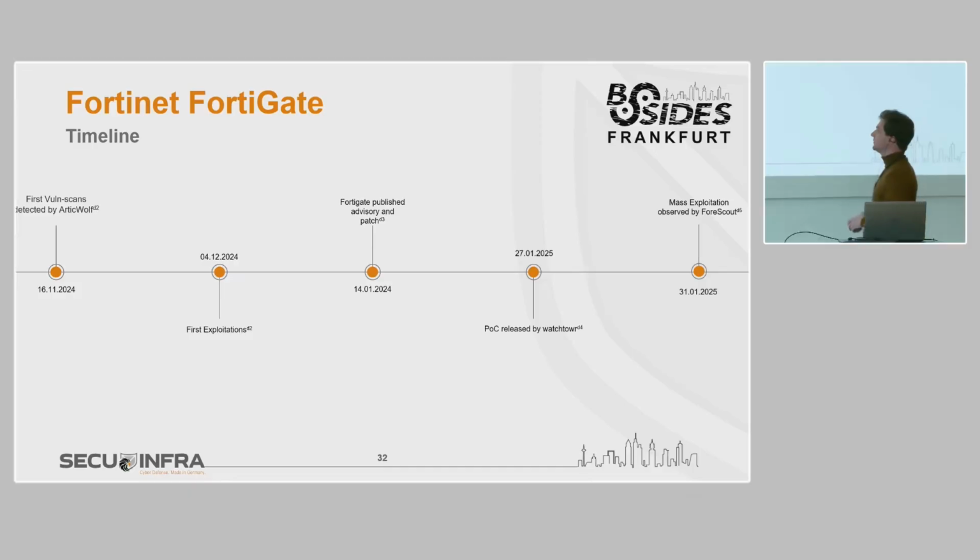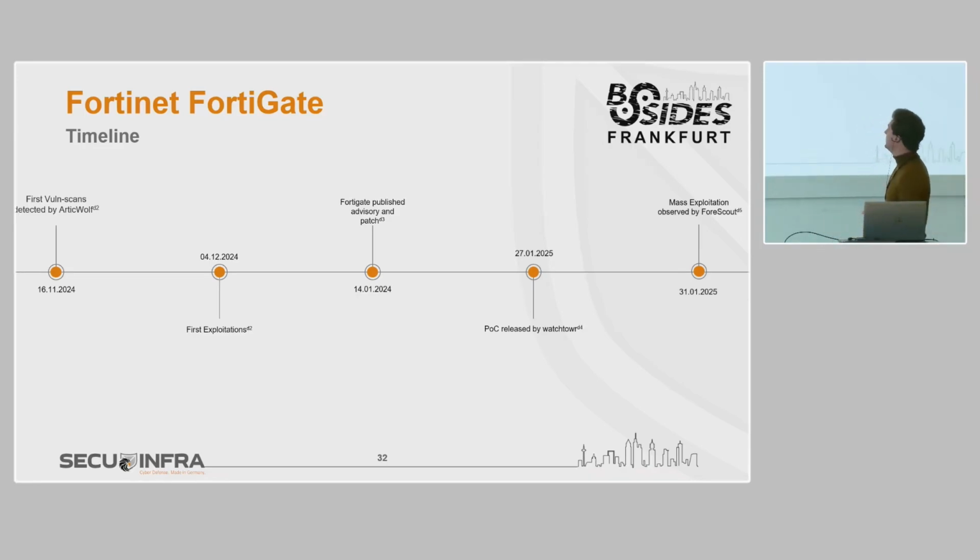On the left, we can see from Arctic Wolf on the 16th November 2024, they saw first probing for this vulnerability. So the threat actor was probing, checking if some devices are vulnerable. It was no exploitation yet, just probing. Some weeks later, we had some first exploitations on the 4th of December.